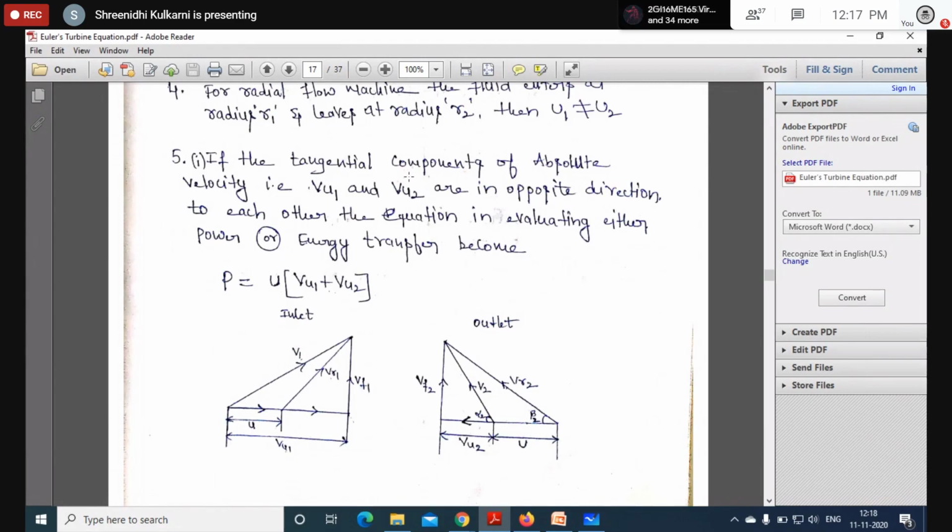While coming to the tangential component of absolute velocity, V1 is the absolute velocity, and its component is VU1, and another one is VF1. But right now VU1 and VU2 are in opposite directions. Why is this an opposite direction? I am going to show once again here.